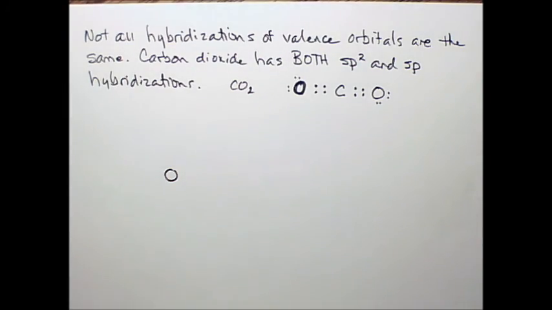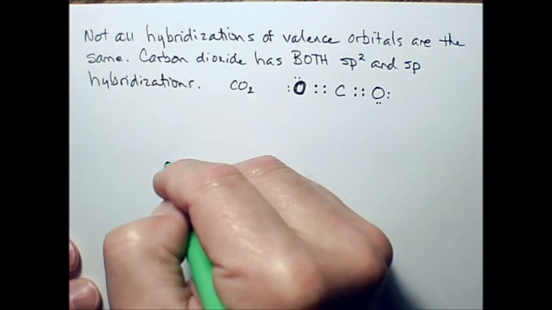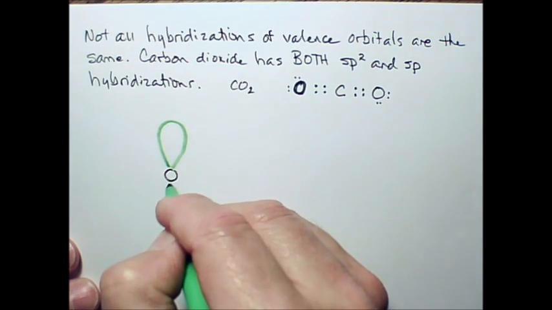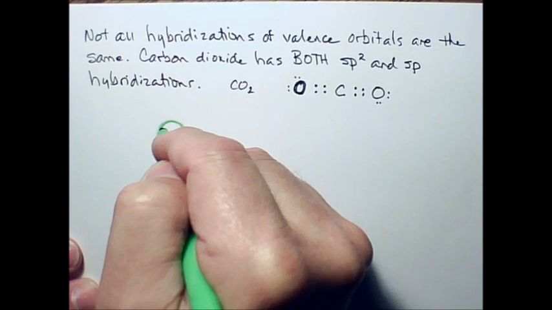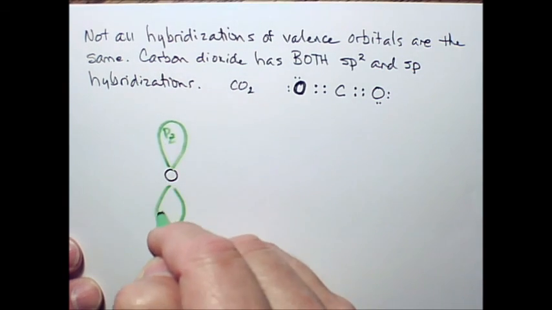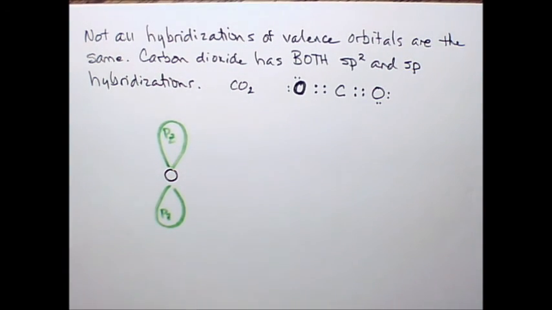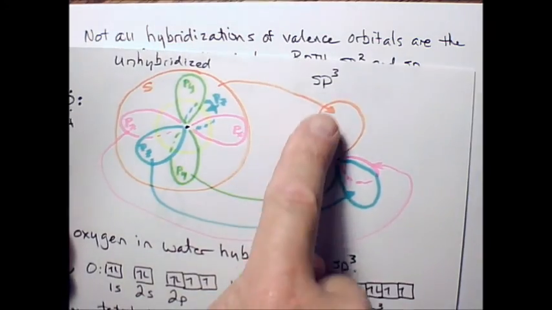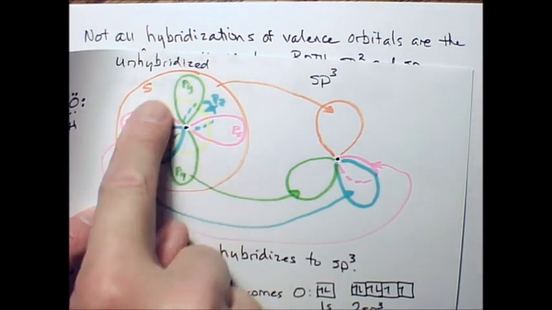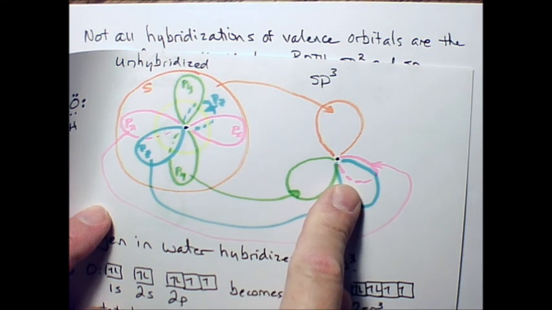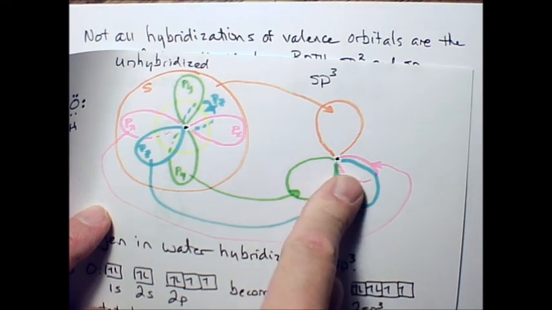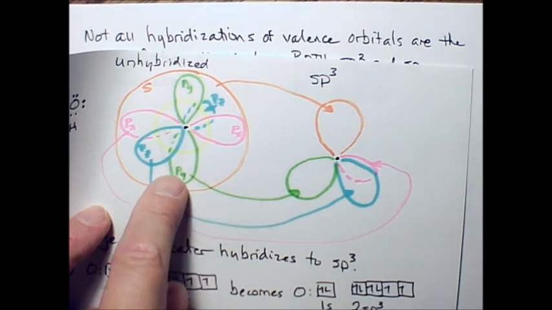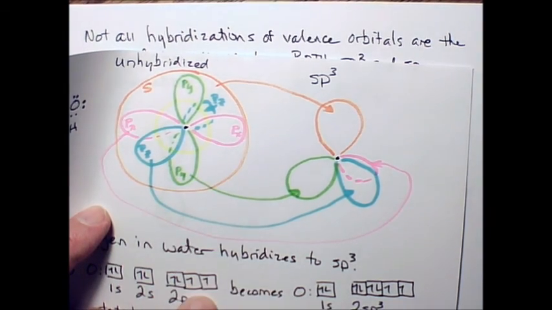So I'm going to redraw the pz orbital. Remember, the unhybridized original p orbitals were just double balloon shapes. pz. Alright, so in our original sp3s, we hybridized all 4 of those orbitals, making 4 equal shape, equal energy sets of orbitals. We're going to hybridize only 3 of those this time.